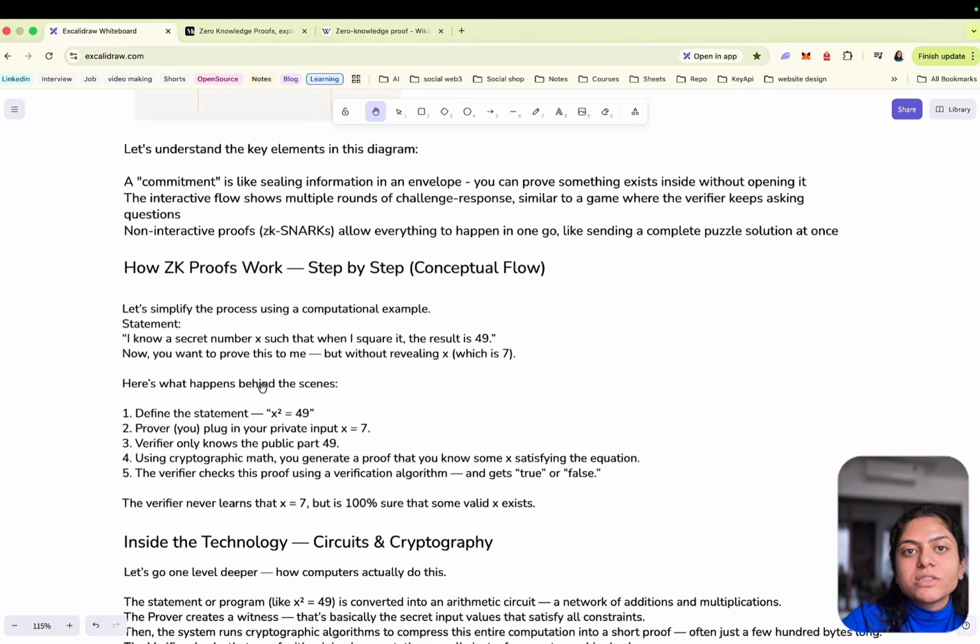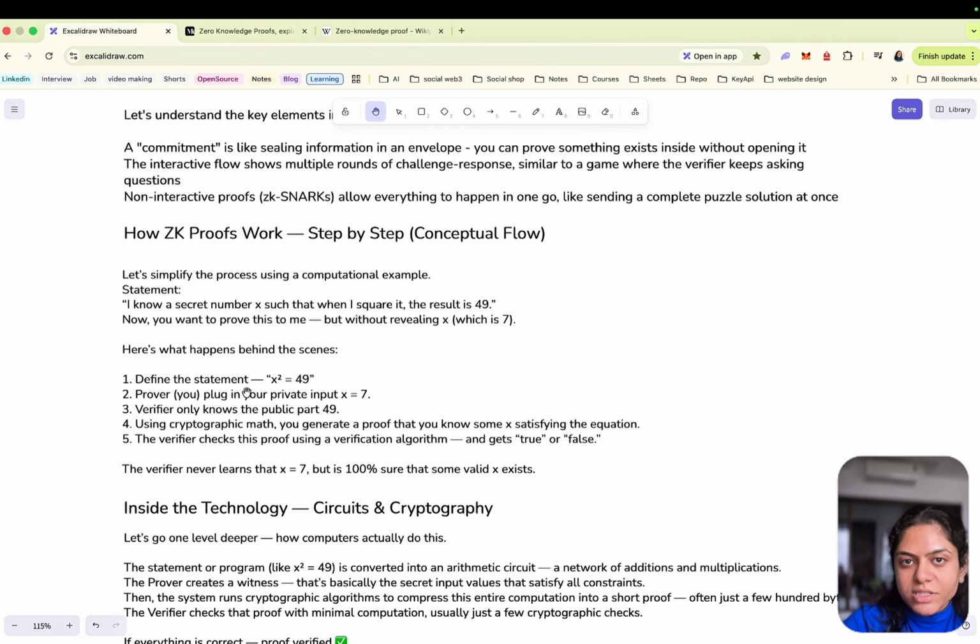So here is what happens behind the scenes. Define the statement: x squared is equal to 49. Here it is the normal statement, not how it looks in the real process. Prover means you, so plug in your private input x equals 7. The verifier only knows the public part, 49.